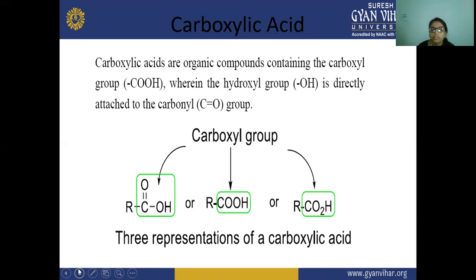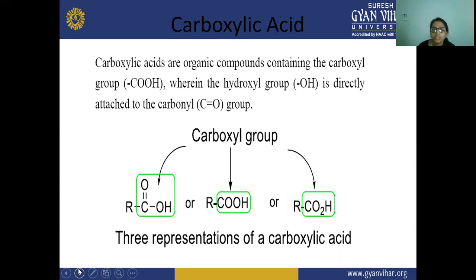The name carboxylic acid is made up of both hydroxyl as well as carbonyl.